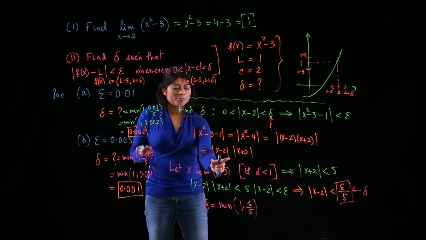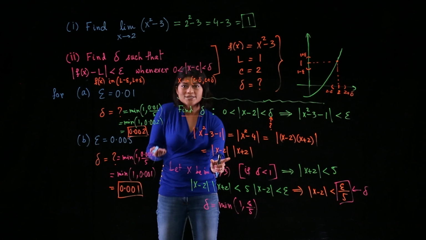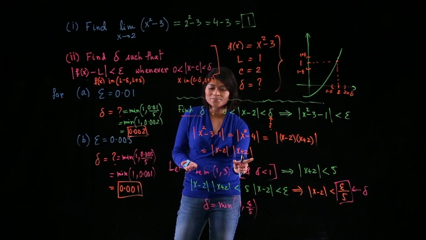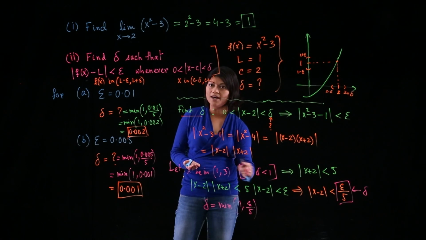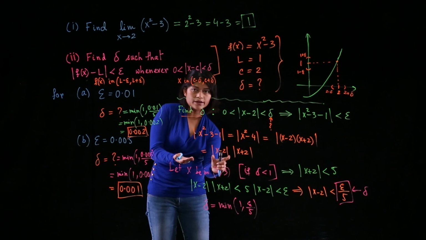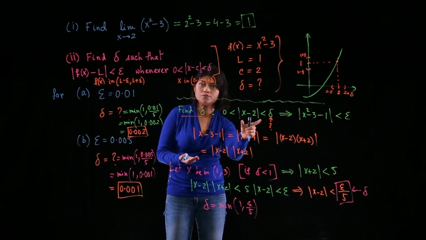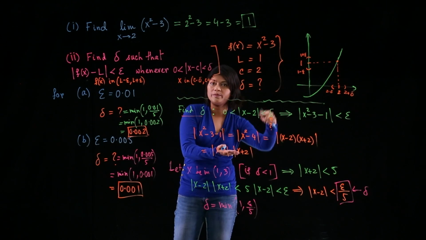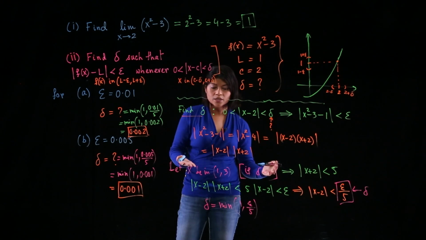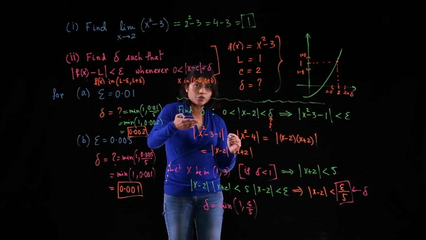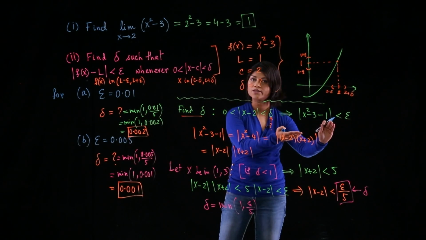Now, the problem was it wasn't just x minus c, but we also had another extra piece. And we had to find a number corresponding to that one so that we are only left with x minus 2. And then whatever number we have on the right-hand side of that, we will be able to say that's our delta.